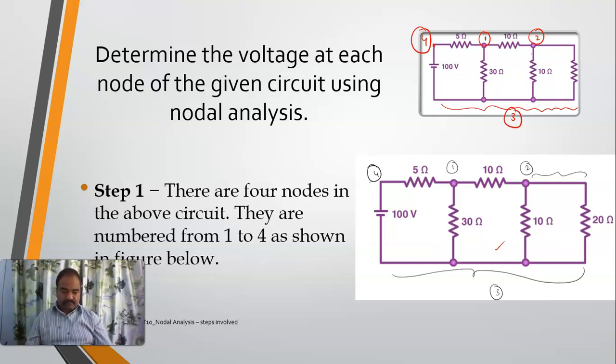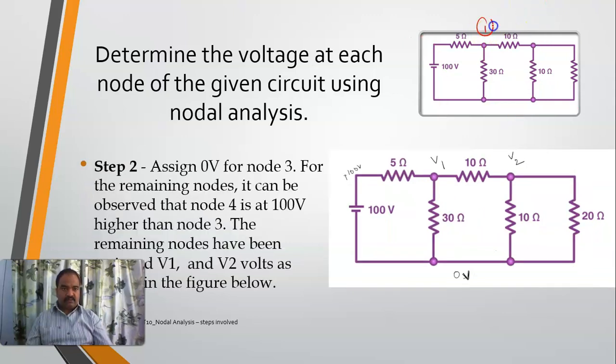This is step number 1. And coming to step number 2, this is 1, this is 2, this is completely 3, and this is 4. Once it is assigned, what should we do? We should assign voltages. One of these should be given 0 volts. Preferably I take the bottom one as 0.